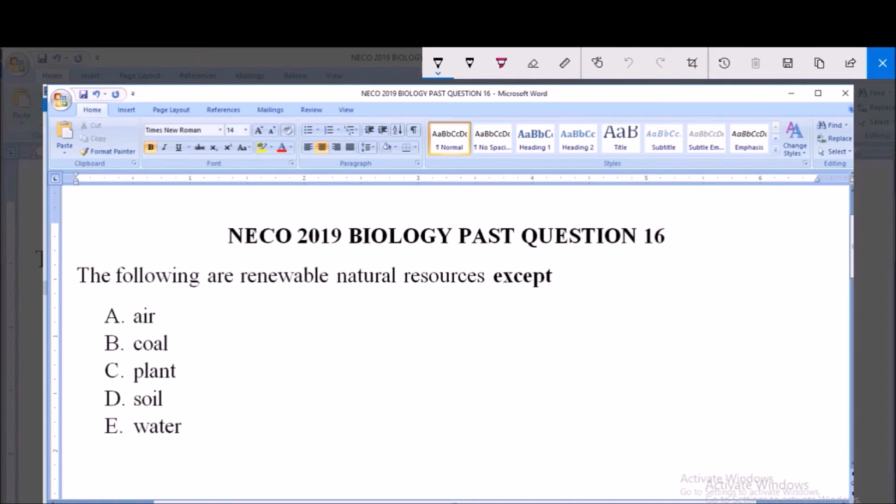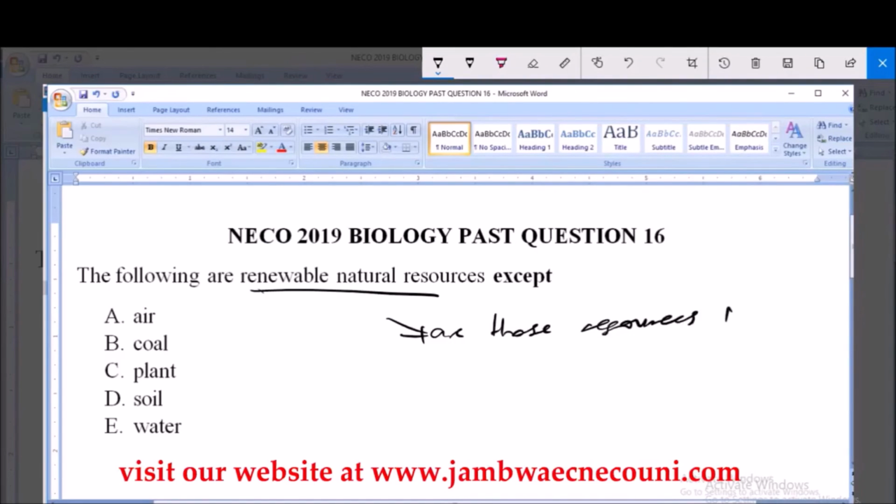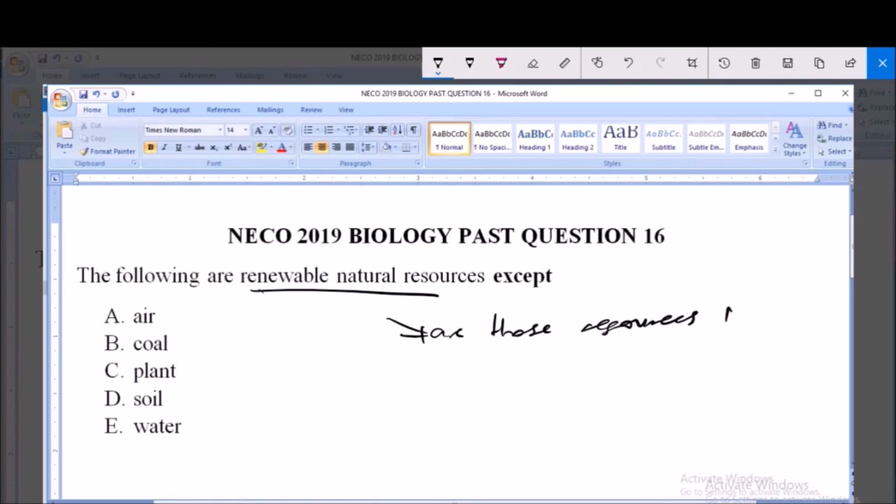Now, what are renewable natural resources? They are those resources that cannot be used up over time. These natural resources can be recycled.